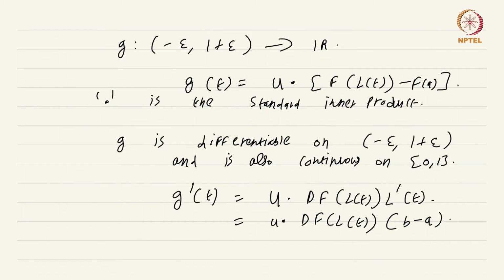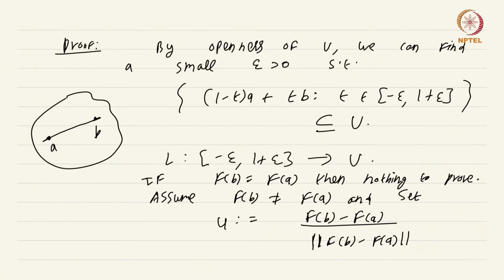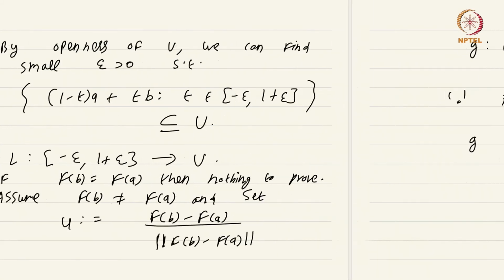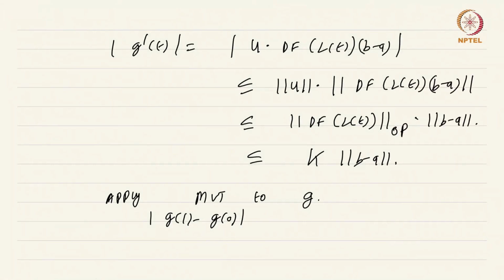So you get 0, and g of 1 is f of L of 1 minus f of a, which is just f of b minus f of a. So you have got u dot f of b minus f of a, and u was f of b minus f of a by norm f of b minus f of a. So the net upshot is g of 1 minus g of 0 will be nothing but norm f of b minus f of a.